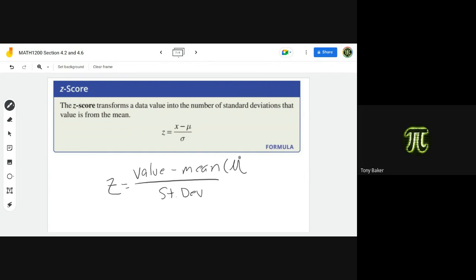Mean is that funky little u. It's actually mu, the Greek letter mu, which is M for mean. And the small sigma is the standard deviation symbol. They're Greek letters.